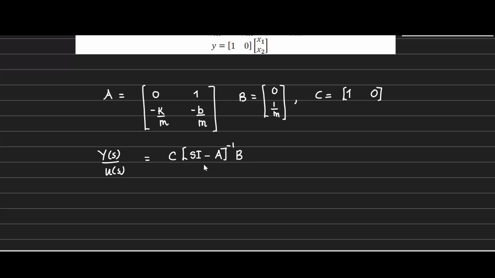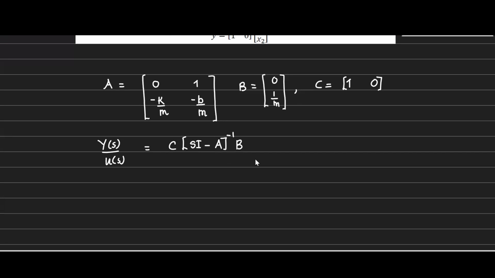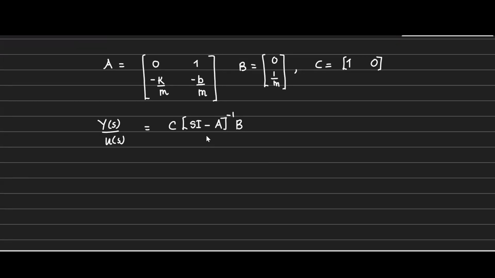So we know matrix A, matrix B, as well as matrix C. The first thing we have to find is this matrix, SI minus A.